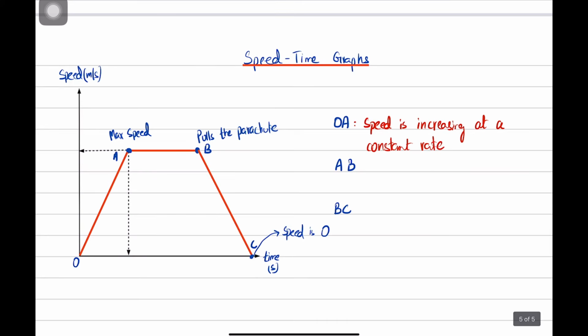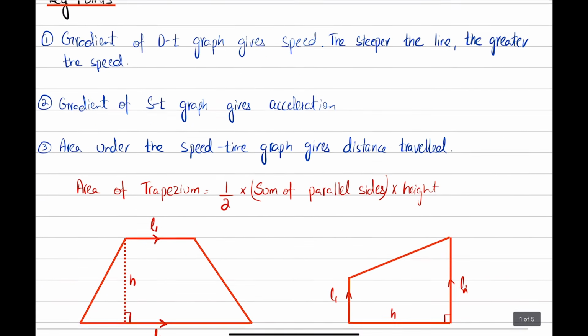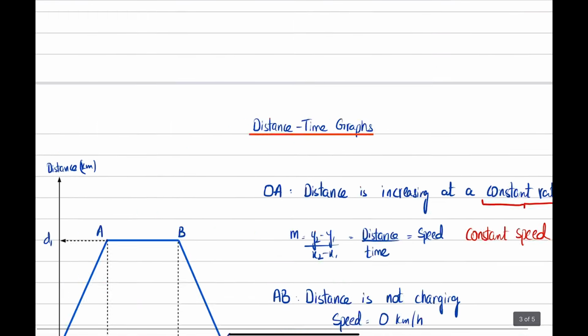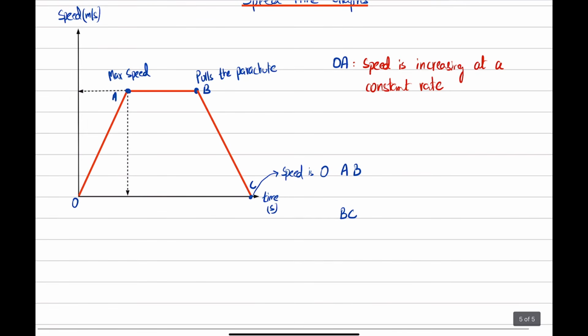And what is this constant rate? Previously it was distance that was increasing at a constant rate, and the constant rate was speed. Here, let's go back to the key points. Yes, gradient of speed time graph gives acceleration. So when we say speed is increasing at a constant rate, this constant rate is referring to acceleration.